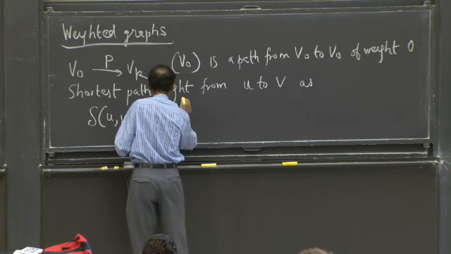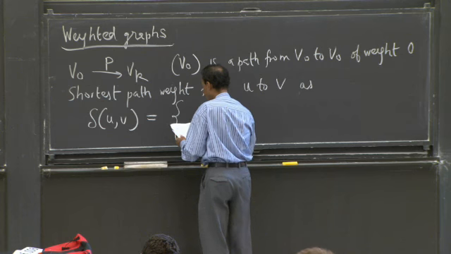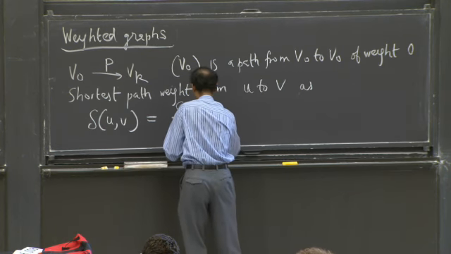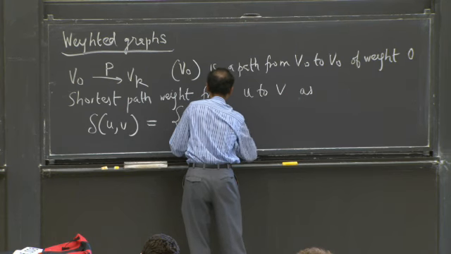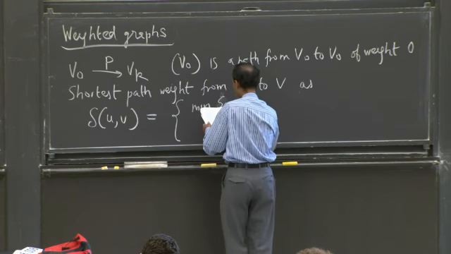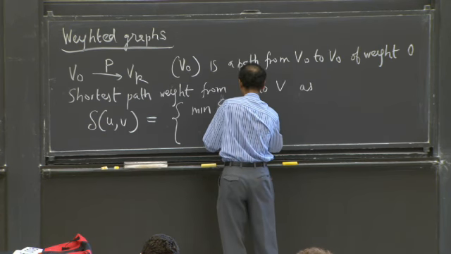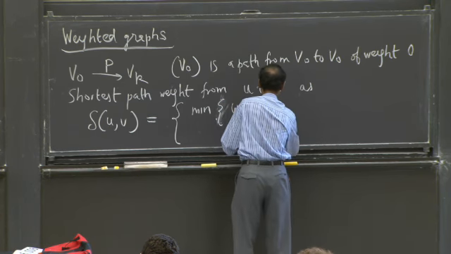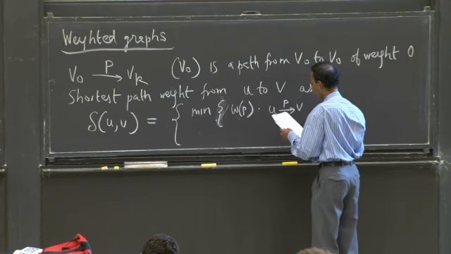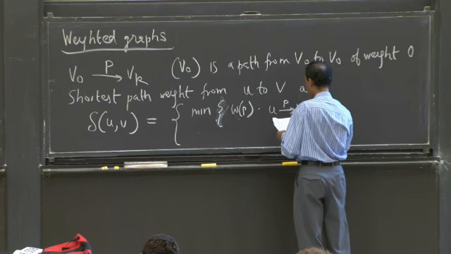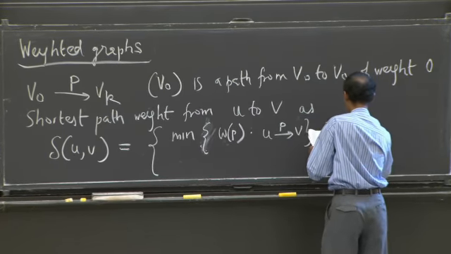And in particular, what we want is delta uv to be the minimum over all the paths, weight of p, such that P is in fact a path from u to v, and this is the case where there exists any such path.